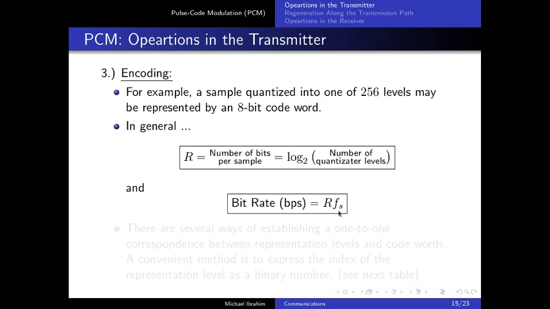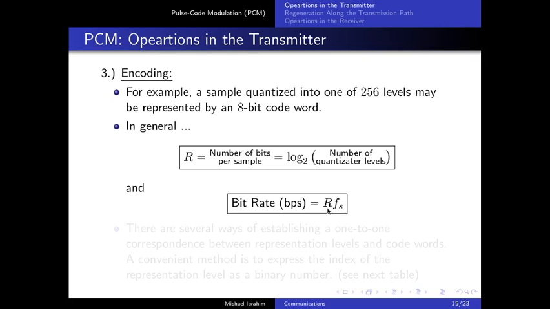Choosing Fs, a larger Fs would mean we would be able to recover the message easily, but it would also translate into larger bitrate. So we want to find the minimum acceptable sampling frequency in order to be able to recover the message with the minimum bitrate. Same for the number of levels or number of bits per sample.